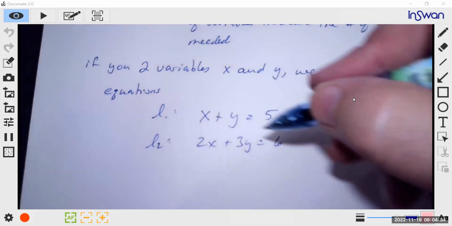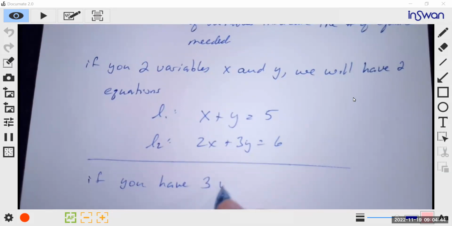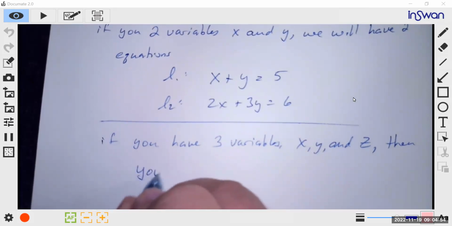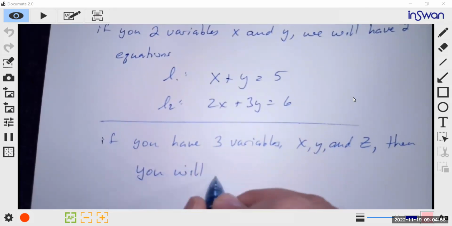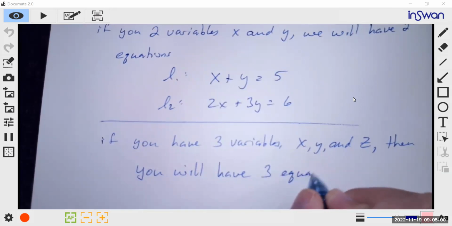If you have three variables, X, Y, and Z, then you will have three equations.